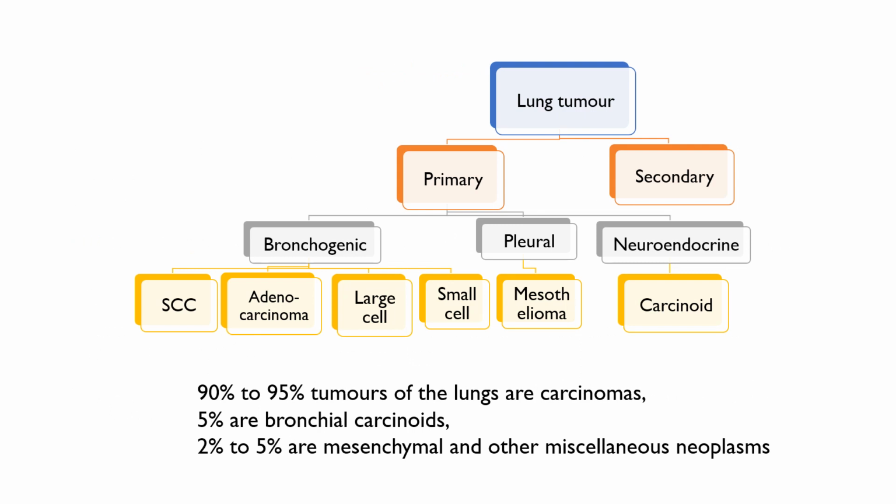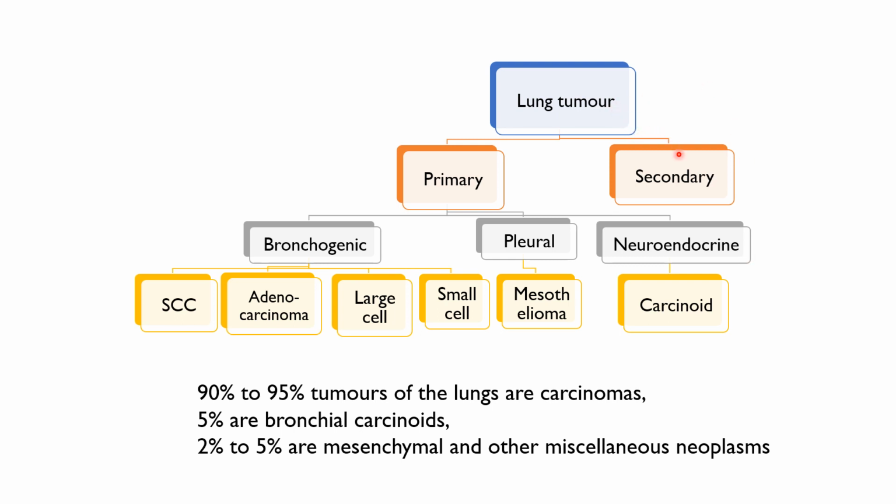90 to 95% of the lung cancers are carcinomas, 5% are bronchial carcinoids, and 2 to 5% are mesenchymal and other miscellaneous neoplasms. So you can see here, there are either primary bronchogenic or primary pleural tumors or primary neuroendocrine.